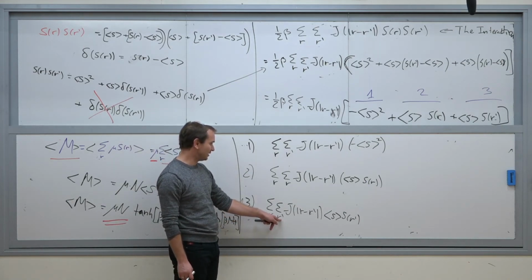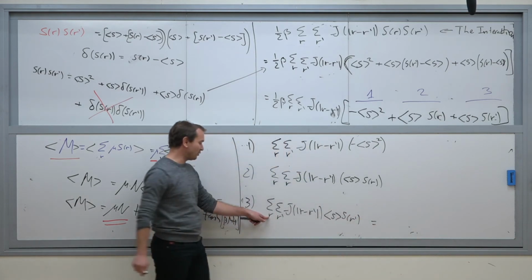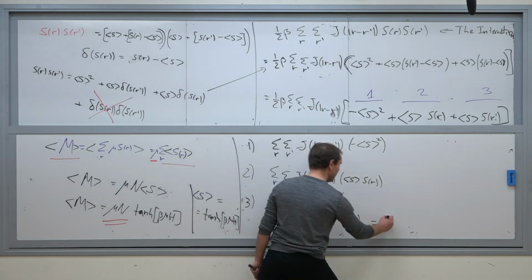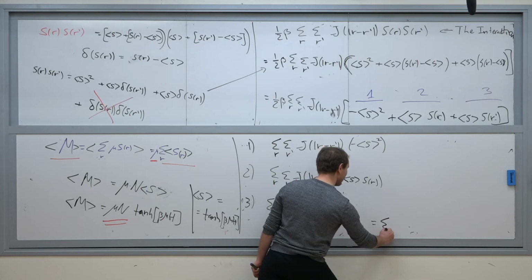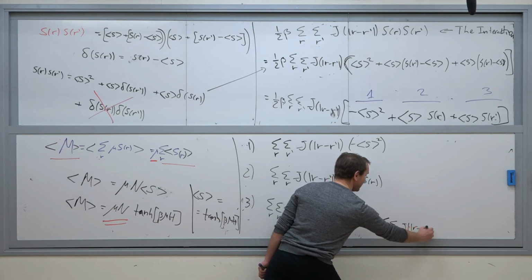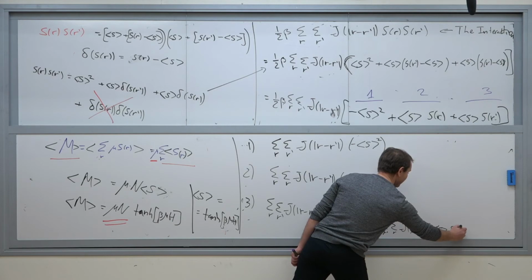look at this guy. Do I care if I count first over r or over r prime? This guy is exactly equal to a sum over r prime, sum over r, j of r minus r prime, average s of r.